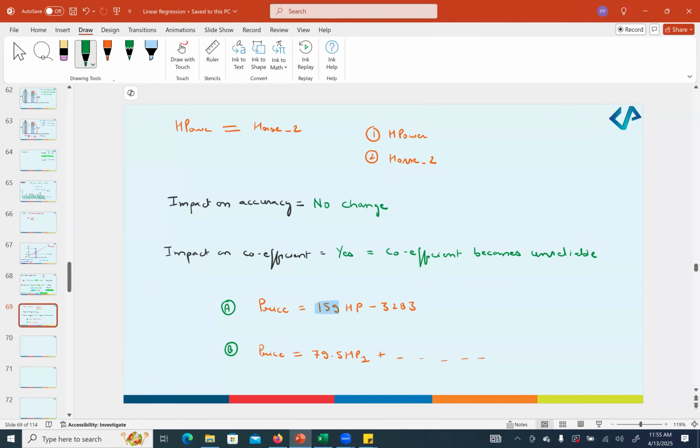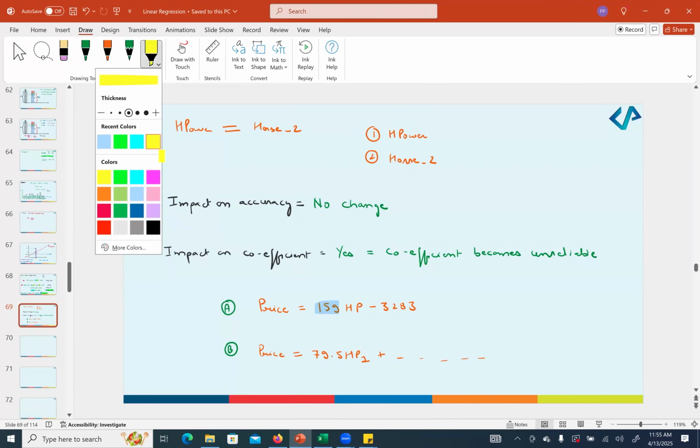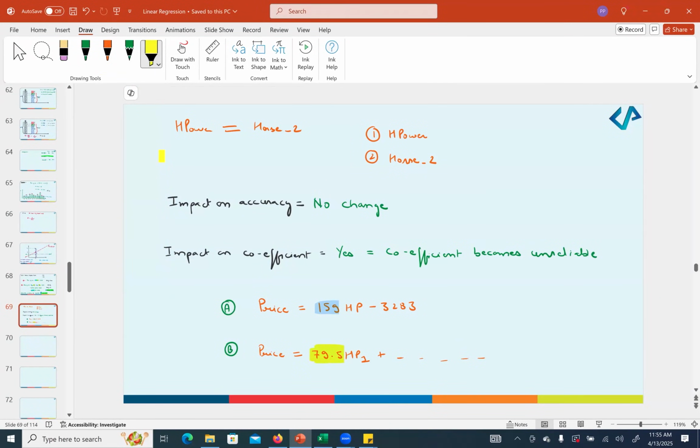But my question is, if I increase the horsepower by 1 unit, in reality how much will the change be, $159 or $79? $159 will happen, right? So if I'm accidentally using a duplicate variable, then my coefficients become kind of useless.